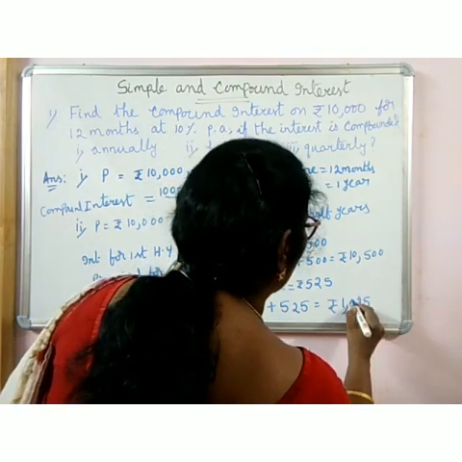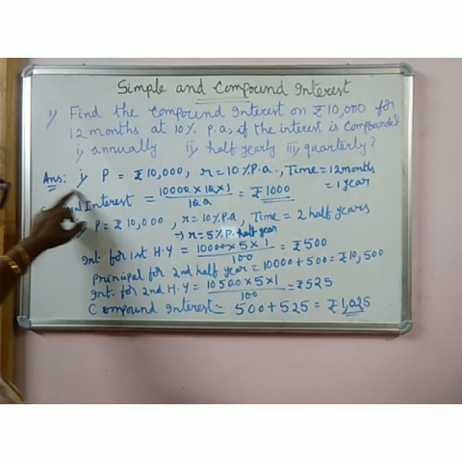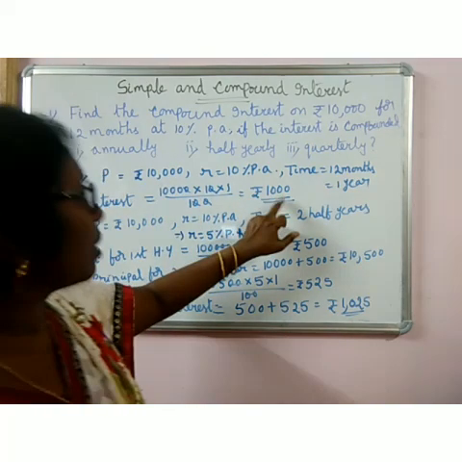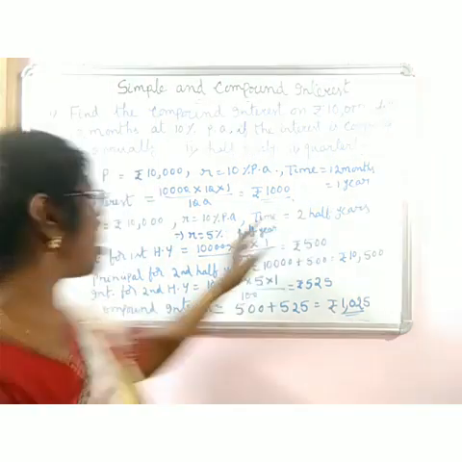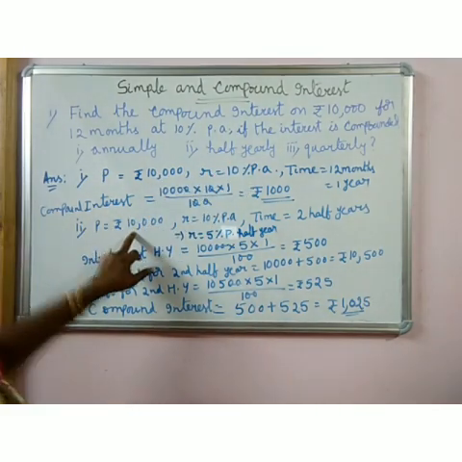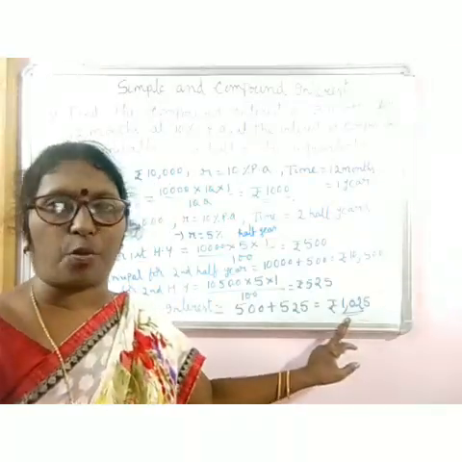In the first case, when compounded annually, compound interest is 1,000 rupees. When compounded half yearly, compound interest is 1,025 rupees.